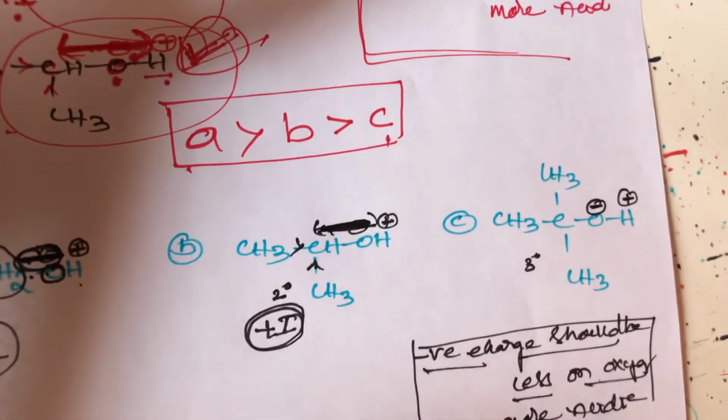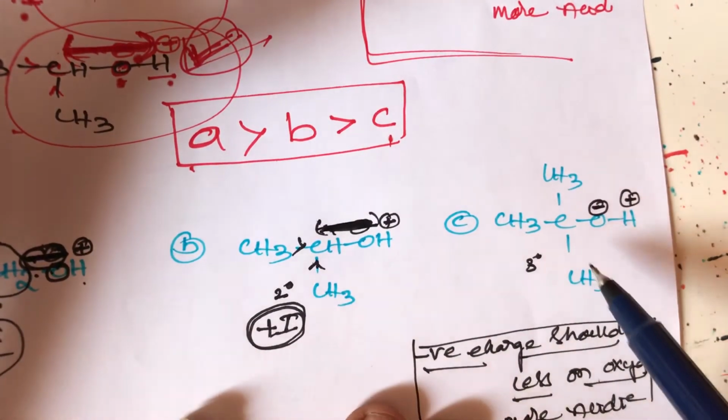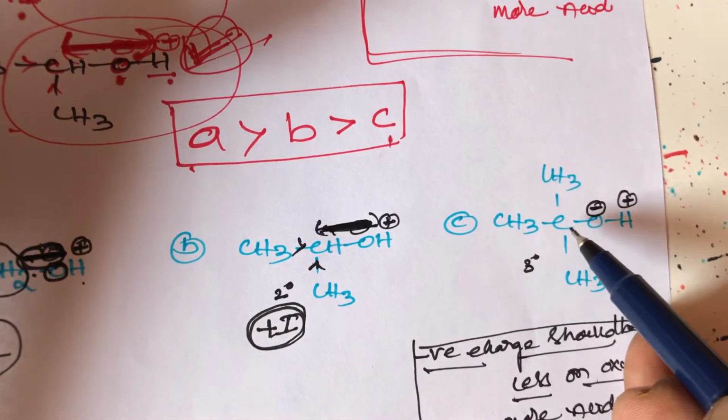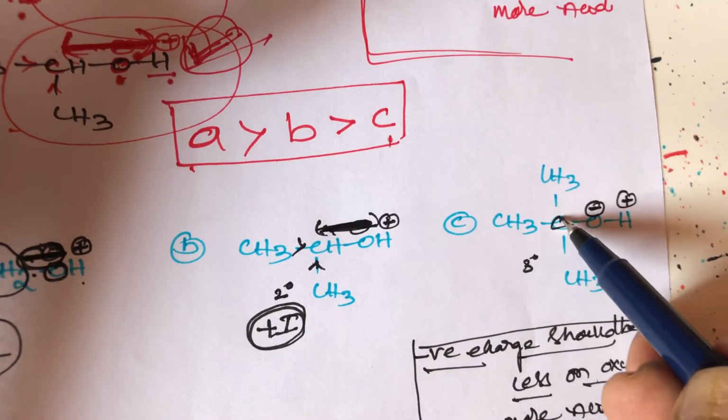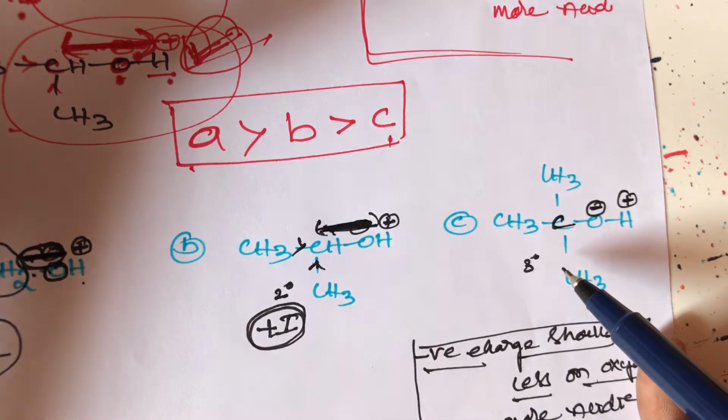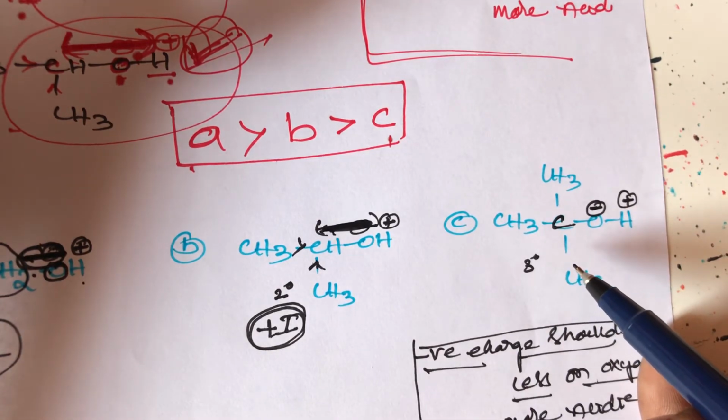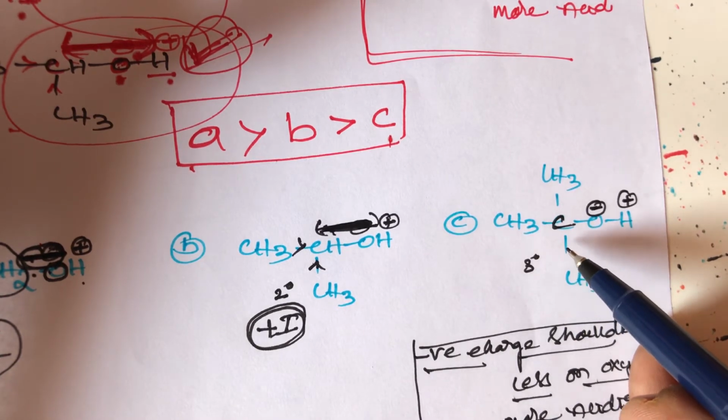And what about the third one? This third one is the tertiary butyl. This is a tertiary carbon, and a tertiary carbon is always more electron releasing compared to primary and secondary.